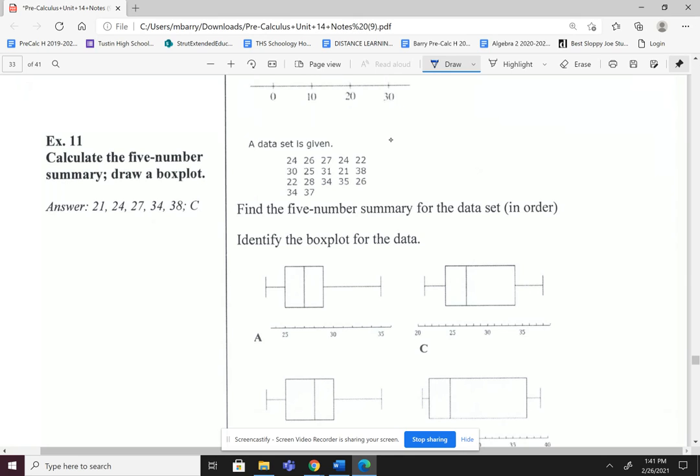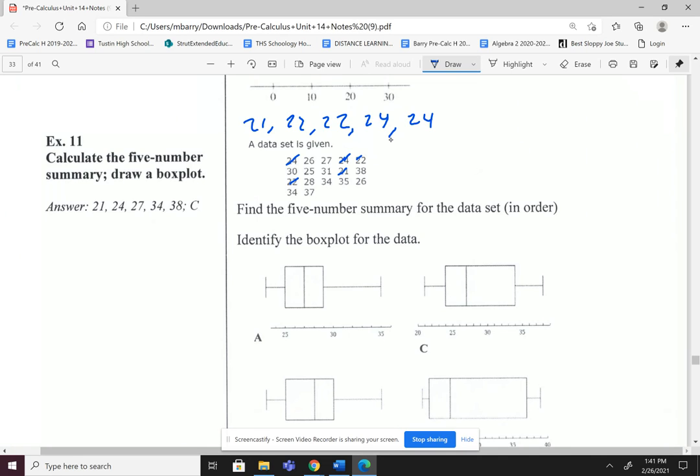So we got 21 as our smallest number, then 22, 22 again. Oh man, I'm going to need more space than this. All right, so we got 21 as our smallest number. We have 22, 22, 24, 24.